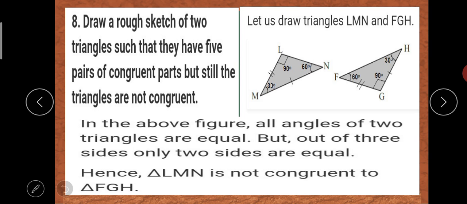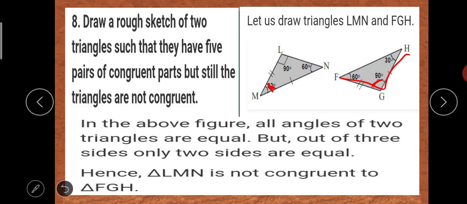But when we see LMN, it is 30 degrees, but when we compare with FGH, it is 90 degrees. So they are not congruent.